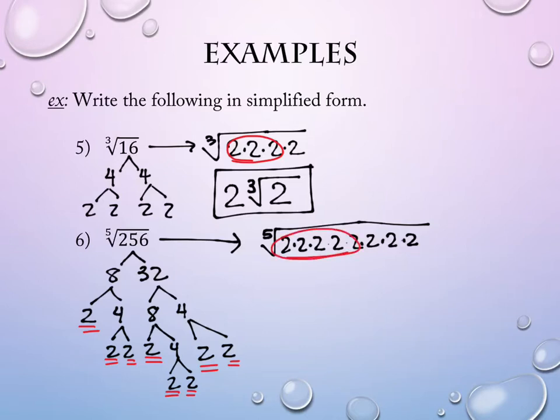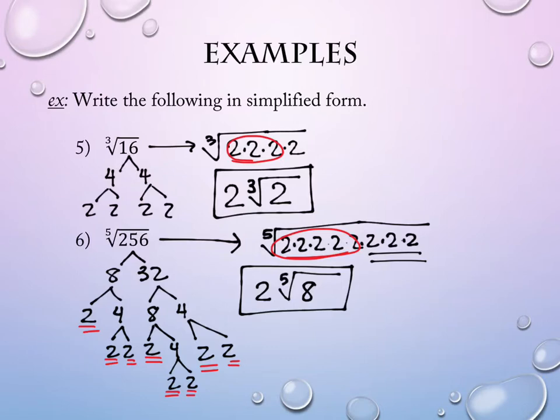So I'll pull that 2 out because it's underneath there 5 times. And then I have the fifth root of whatever remains. What remains is not enough to pull anything out, but it's 2 times 2 times 2. And what is 2 times 2 times 2? It's 8. So I end up with 2 fifth roots of 8.